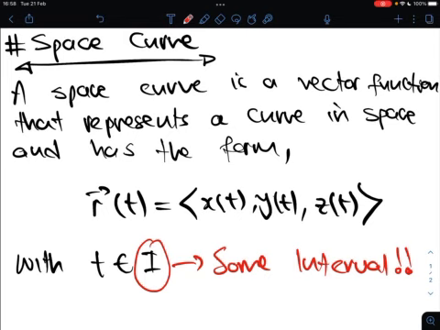So when we talk about a space curve, that's exactly what it is. It's just a vector function. It's a parametric vector function. As you can see, it still takes the structure of the vector functions that we've encountered before, which are parameterized in terms of parameter t. But the only difference now is that this one has a physical meaning behind it.